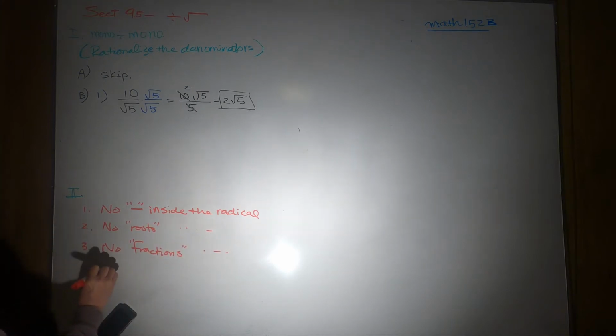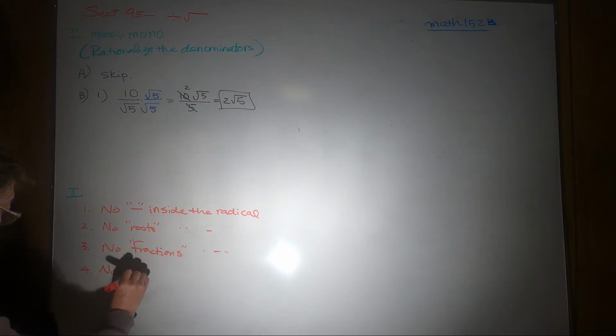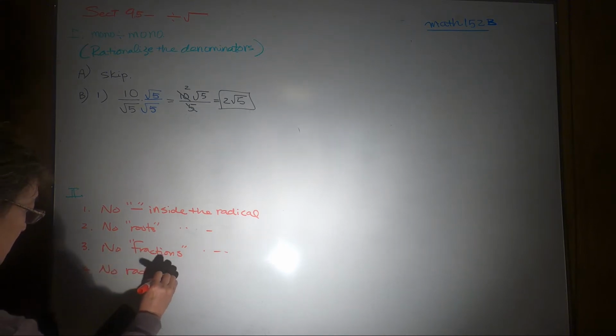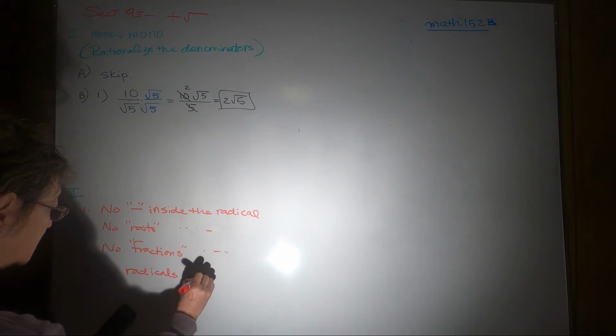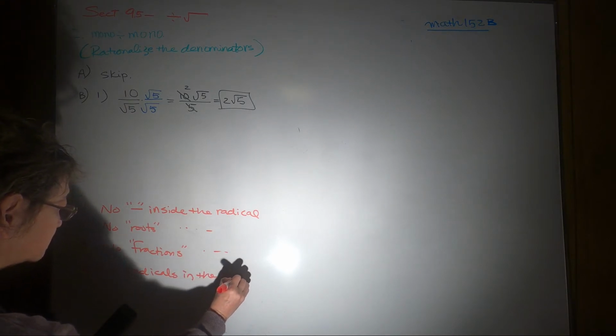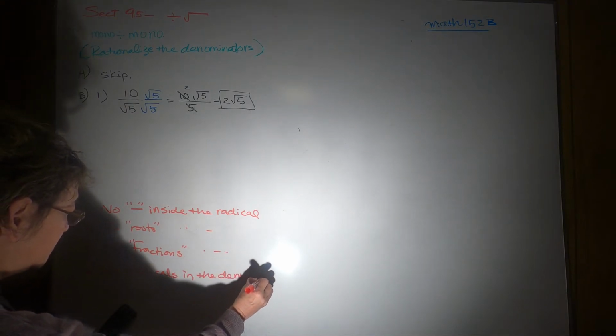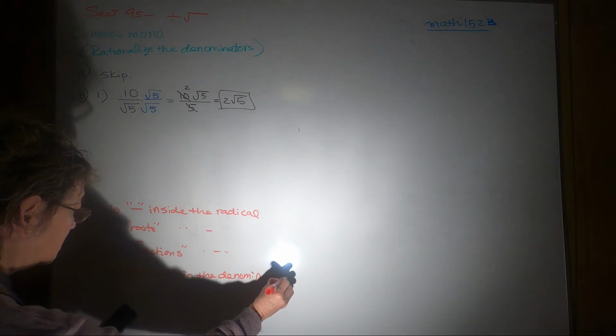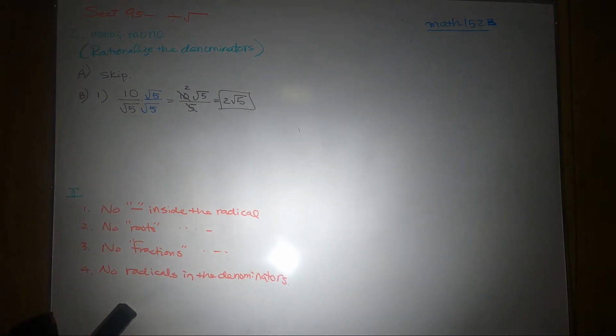Then we don't want to have any crazy number, no radicals in the denominator. We keep repeating this, then hopefully you remember them. So that's how we do add, subtract, multiply, and divide.